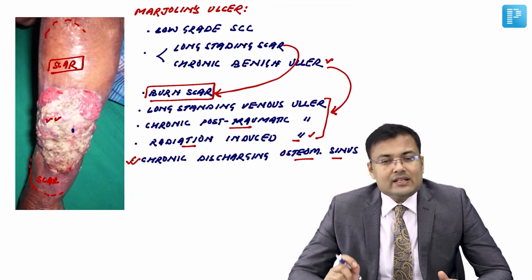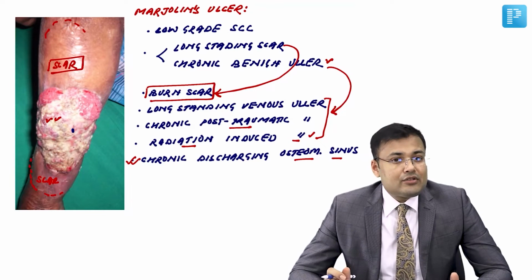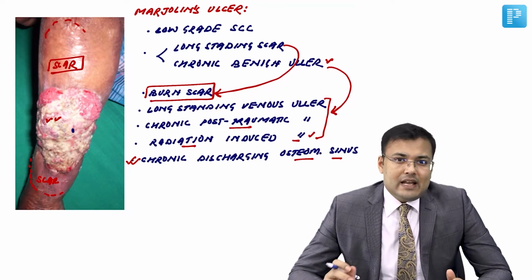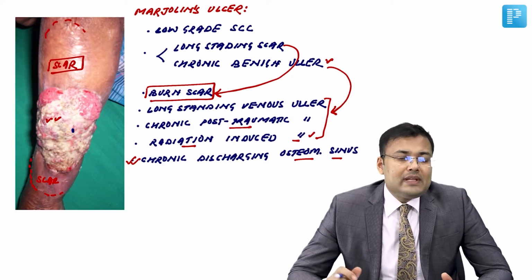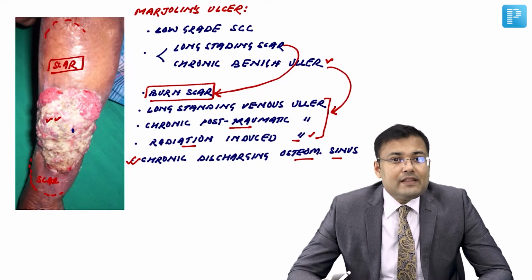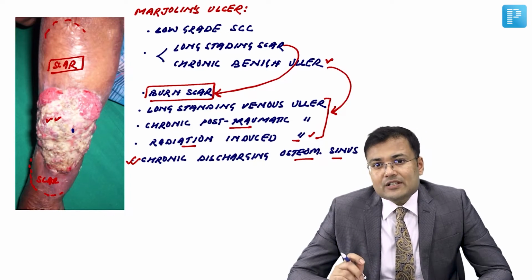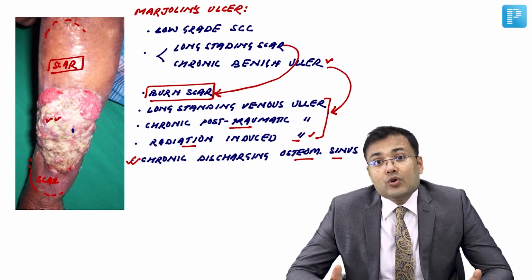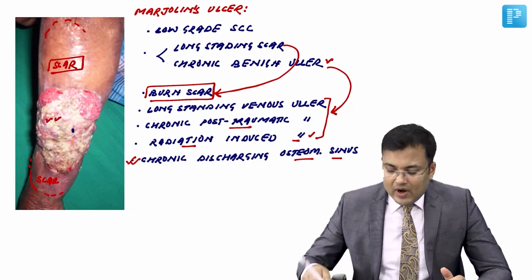So one basic thing is clear here, that generally it is arising from scar, long-standing scar. And you know that in scar, nerves, vessels, lymphatics are destroyed. So what will be the characteristic features of the ulcer? If there are no nerves, it means it will be painless. If there are no vessels, it means it is avascular. And if malignancy is relatively avascular, it means it is slow growing and radio resistant. Why radio resistant?